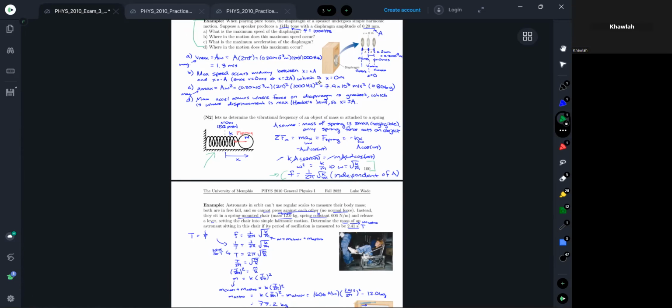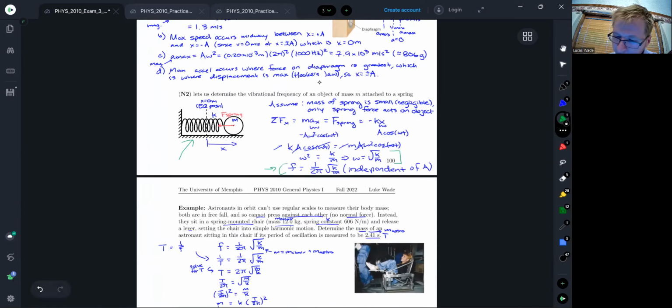The mass? Yep, so mass is one thing you can change. What should you do to the mass to make it oscillate faster? Increasing the mass or decrease it? So the equation tells us if we increase the mass, we're dividing by mass, so we're going to get a smaller angular frequency. So yeah, if we decrease it, we will increase the angular frequency.